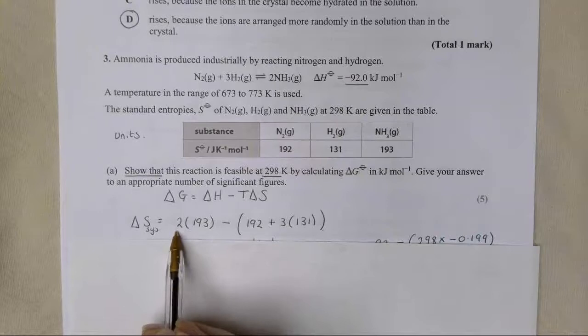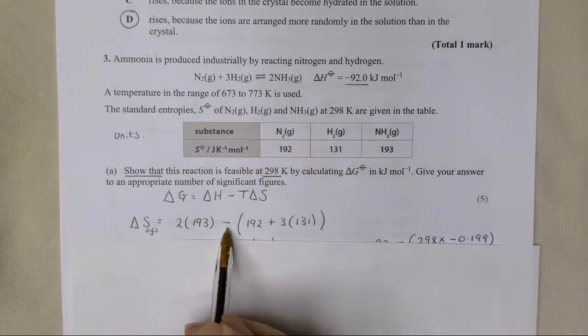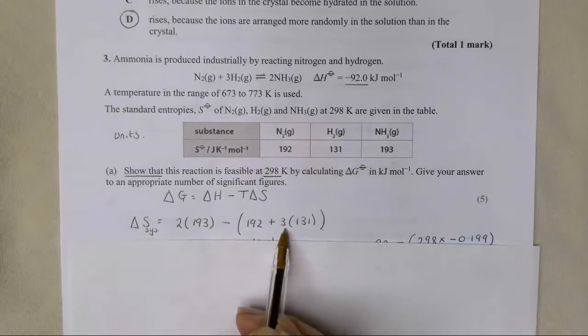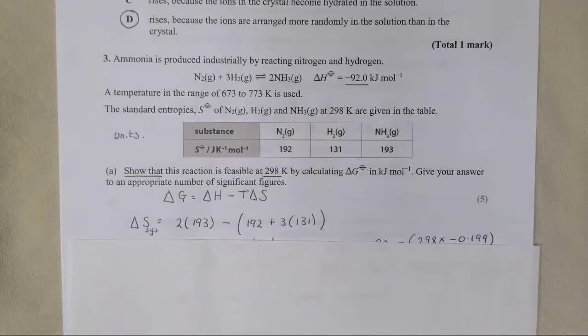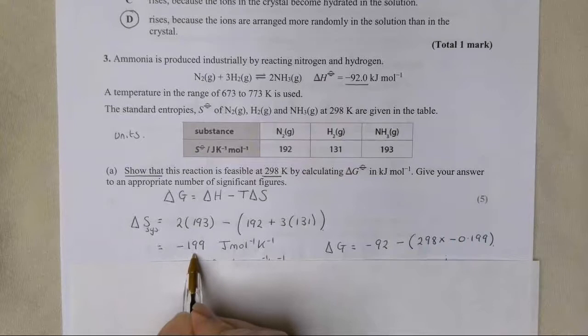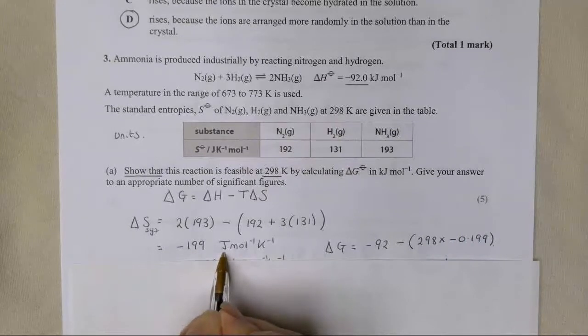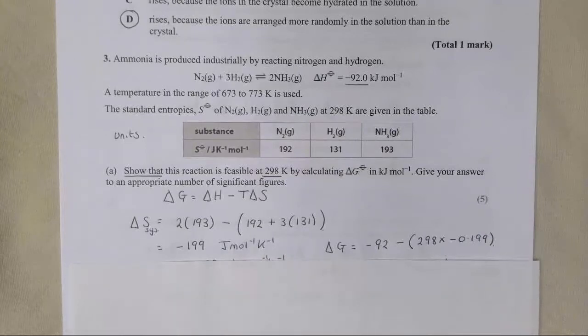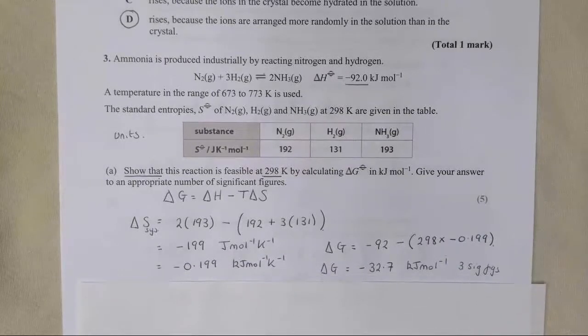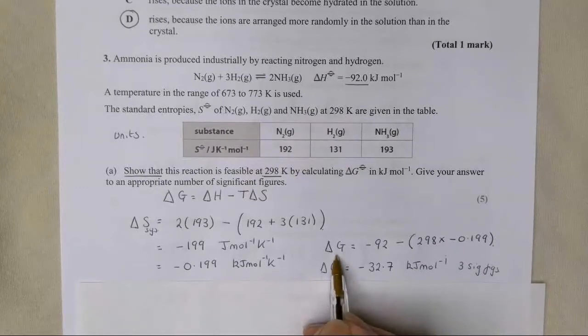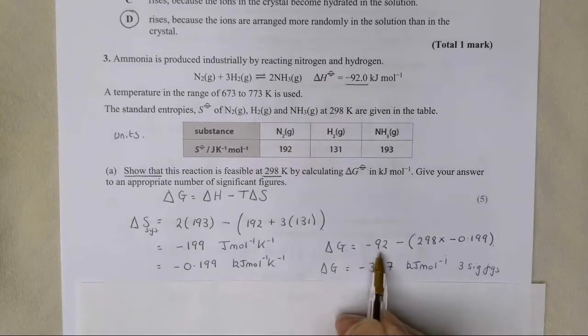That's going to be 2 lots of my ammonia, take away my nitrogen and 3 lots of hydrogen. So I'm going to get my value here of minus 199. Now this is in joules per mole per Kelvin, so I need to convert it into kilojoules, and I do that by dividing by 1000. Now, to work out my delta G value, I'm going to put my numbers in.